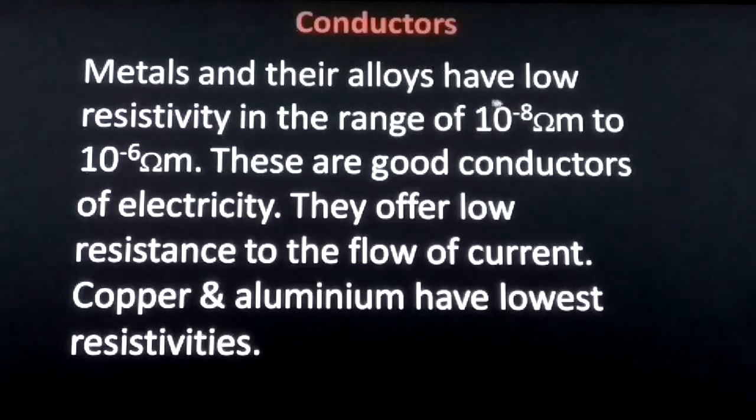Metals and their alloys have low resistivity in the range, observe here, 10 to the power of minus 8 ohm meter to 10 to the power of minus 6 ohm meter. So these are called conductors. The resistivity lies in between 10 to the power of minus 8 ohm meter to 10 to the power of minus 6 ohm meter.